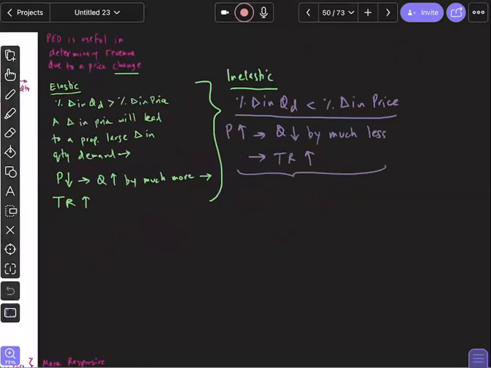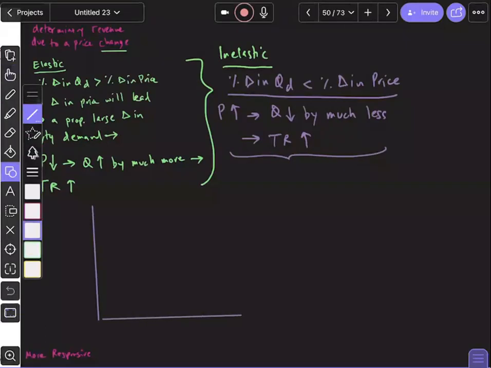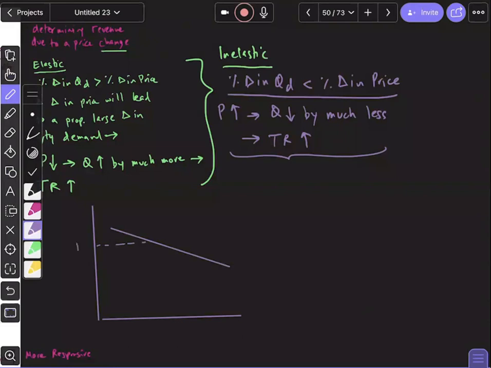And by the way, we can make two diagrams here. If you feel like making the diagram, it will always give us more marks. I can make a flatter curve for elastic, where I am lowering my price from P0 to P1. And I can say that total revenue will rise by much more. This is the total revenue after.